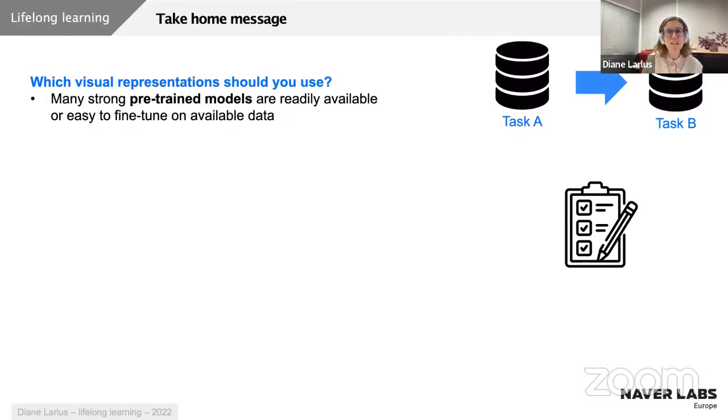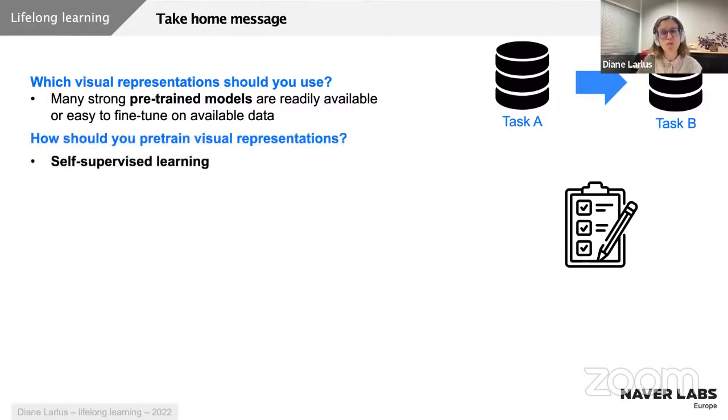Also, you could slightly improve them by fine-tuning these models with the little data you have. Fine-tuning is the term that we use when you adapt a bit the model depending on the new data you receive. So in other words, rather than training a new model from scratch, which is going to require lots of data, lots of compute, you could and probably should, depending on your task, look at pre-trained models. Well, there are cases where you can't, but you could look at pre-trained models.